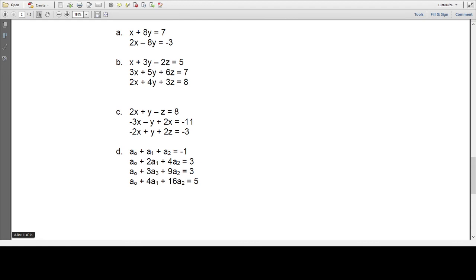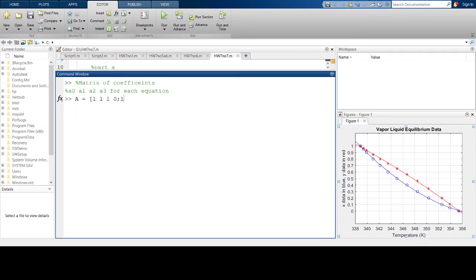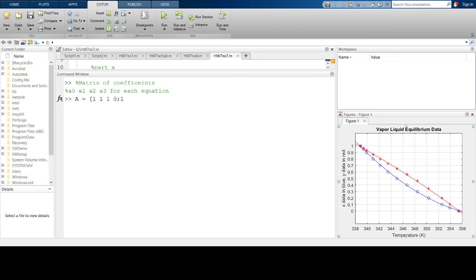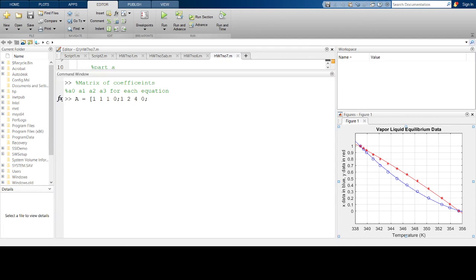So let's go back to MATLAB. It's going to be 1, 2, 4, 0. Then I'm going to go to the third equation. Let's have a look here at the prompt.